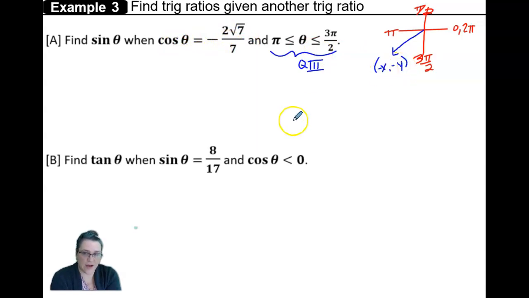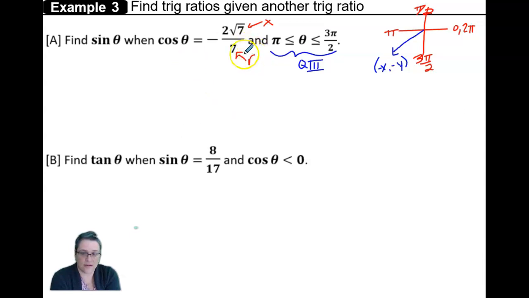R is always positive. So if cosine of theta is negative 2 square root of 7 over 7, and cosine is x over r, then that makes the numerator the x and the denominator the r.